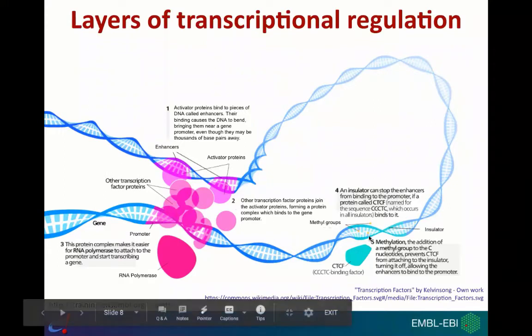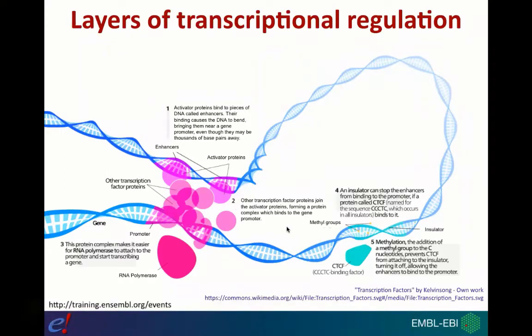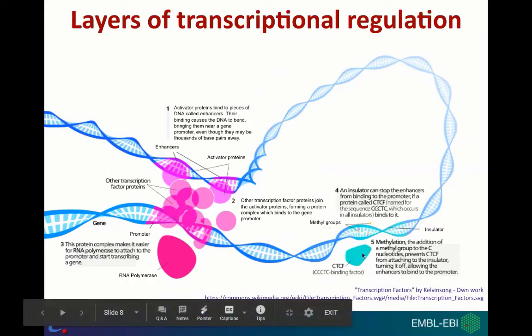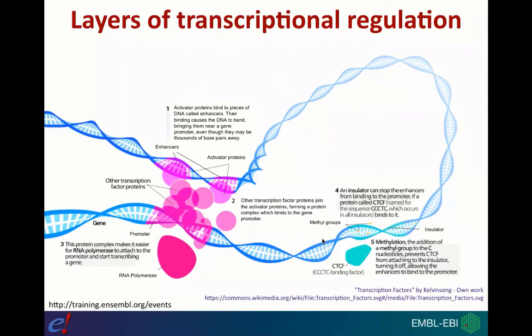There are other features along the genome that also bind different groups. We can think of perhaps CTCF binding sites within the genome, which can regulate gene expression. And we can also think about methyl groups that are covalently bound to the DNA sequence.